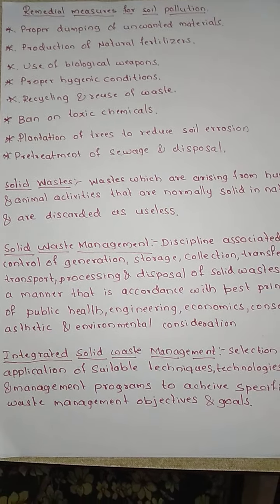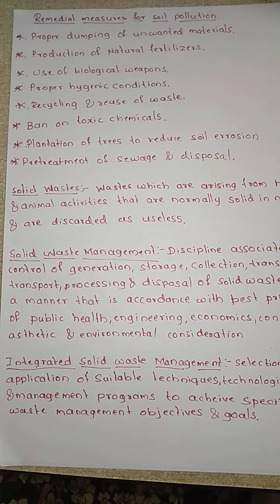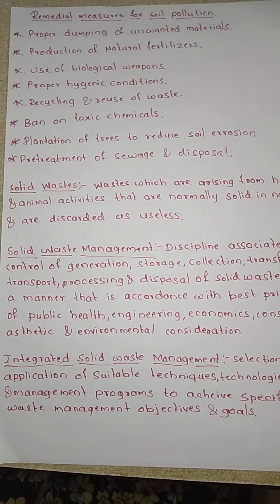So in the last class we have seen what is soil pollution. I'll repeat the definition. What is soil pollution? It is nothing but the persistence of toxic chemicals, radioactive material, salts, chemicals, which is going to cause an adverse effect on human, plant, and animal life.